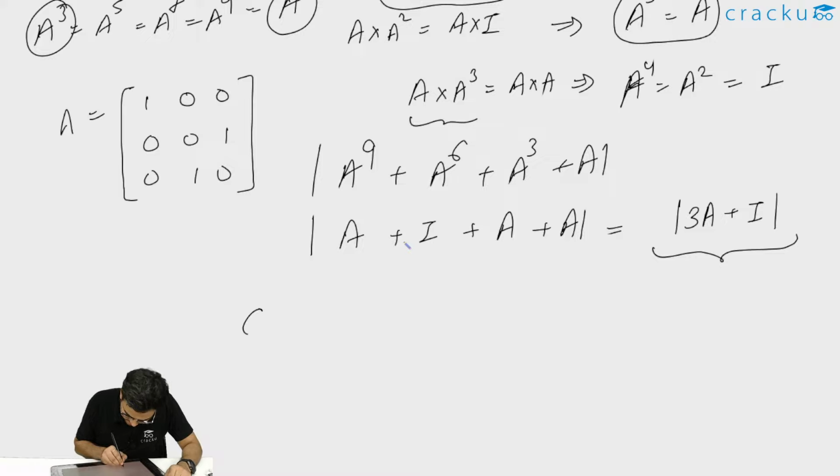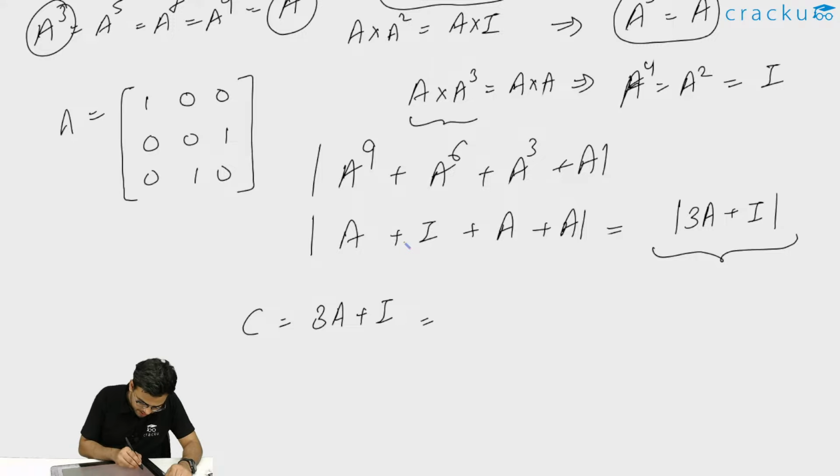Let's say C is equal to 3A plus I. So what I have to do is the scalar multiplication of matrix A by 3.